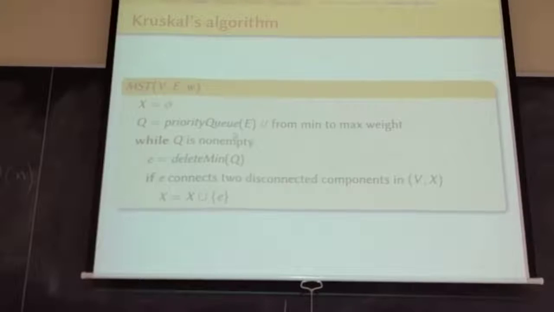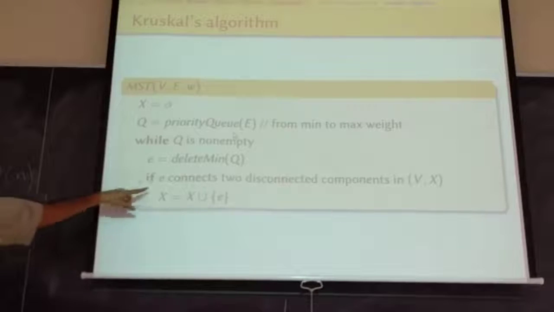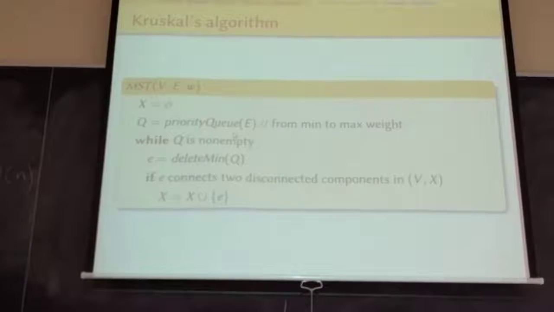Now, on the other hand, if I am adding an edge, that corresponds to making a union of sets, because each connected component is being represented by a disjoint set. So whenever I add an edge between two connected components, that amounts to taking the union of the two sets.